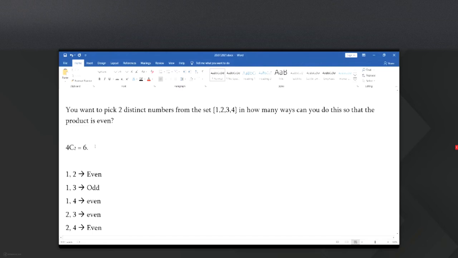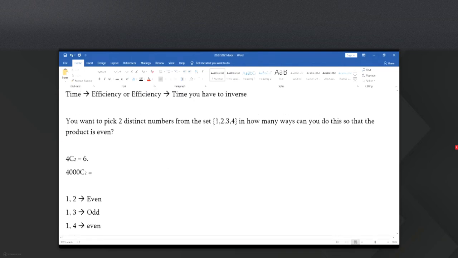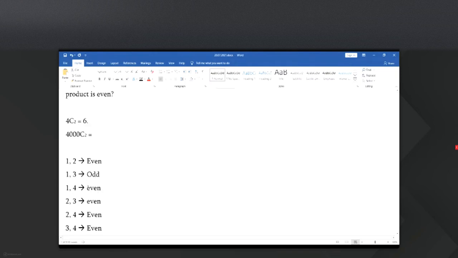If you want to know how many numbers you can pick, you simply do 4C2 because you have 4 numbers. If you have 4,000 numbers, then 4,000 C2. So that's the total number of possibilities. From that, you have to find how many even or odd. So from 4, you can select 2 numbers in 4C2 ways. So totally 6 possibilities here.